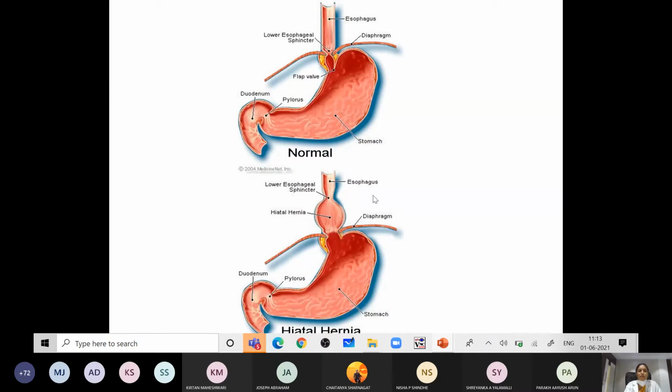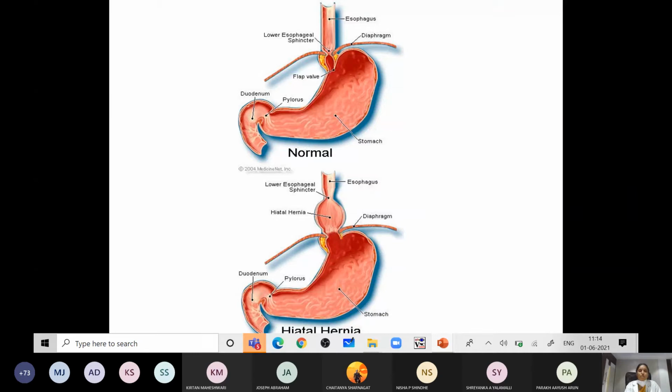Next is hiatal hernia. Here you can see a weakness at the distal part of the esophagus and the cardiac end of the stomach. What will happen is that part of the stomach is going to herniate into the thorax.